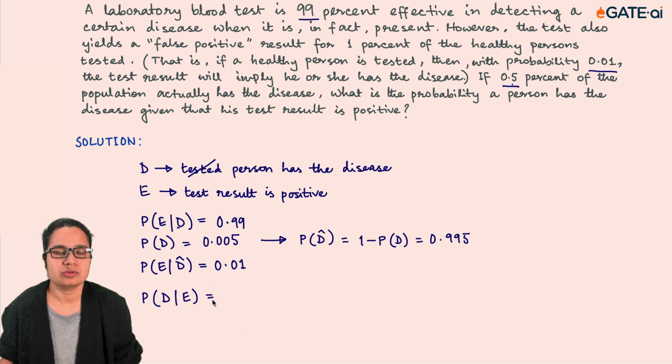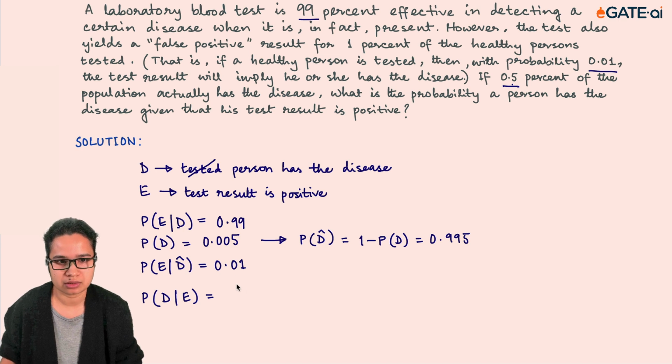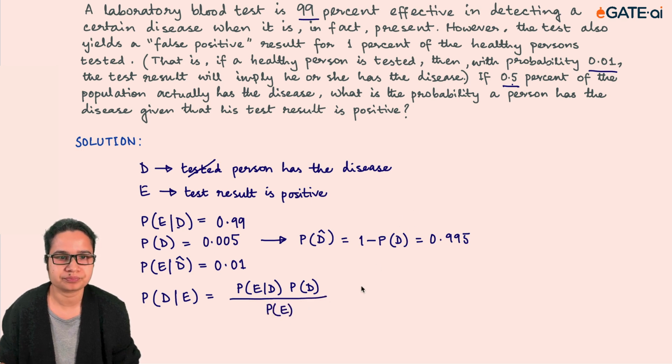We have already covered Bayes theorem, at least a quick introduction to it, and we know that the formula goes something like this. It's a kind of flipping of the conditional probability. To calculate probability of D given E, we need probability of E given D. We multiply that with P of D and we divide that by P of E. At this point, what do we already know from the question?